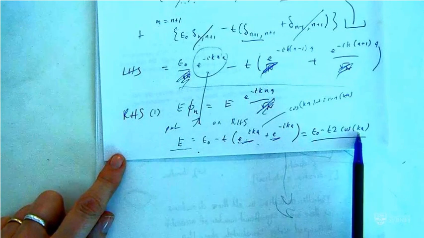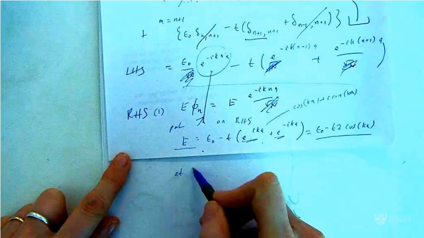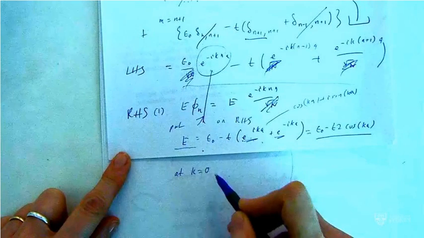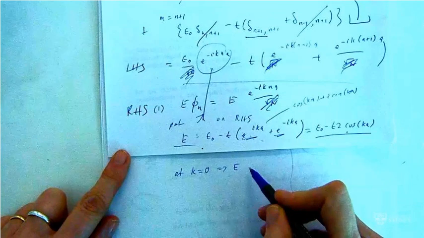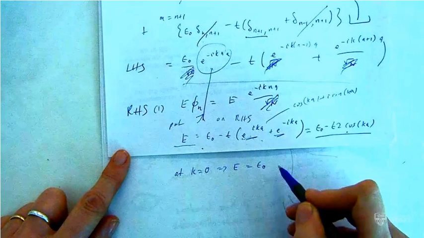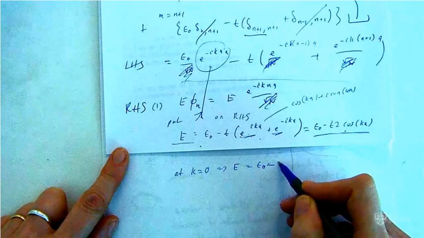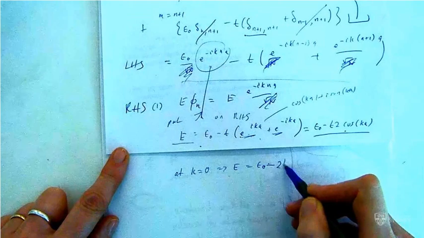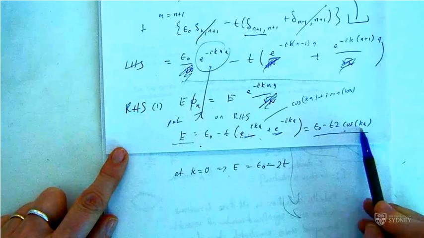If we consider k vector equals 0, we get that the energy is equal to E0 minus 2t, as the cos term will just go to 1.